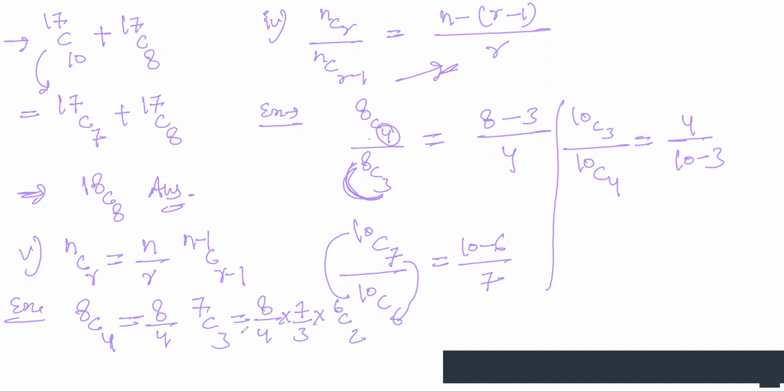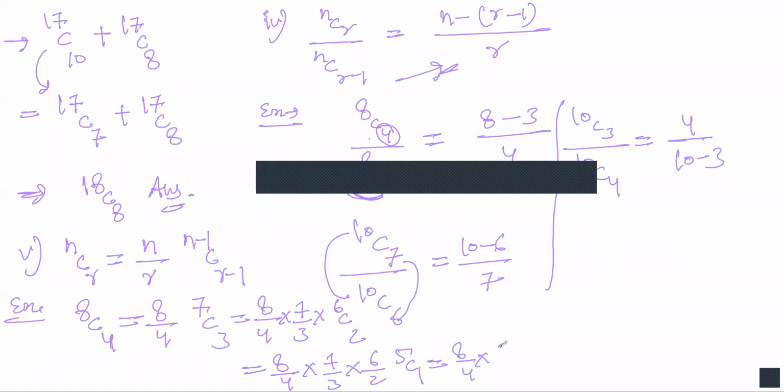So reduce 1 from the upper coefficient as well as from the lower coefficient. 8 by 4 into 7 by 3 into 6C2. Or you can further solve that: 8 by 4 into 7 by 3 into 6 by 2 into 5C1.